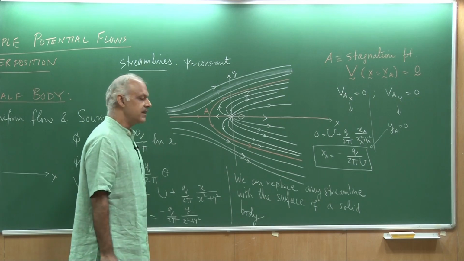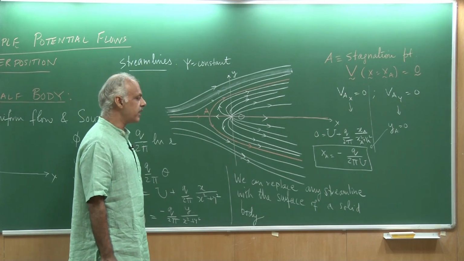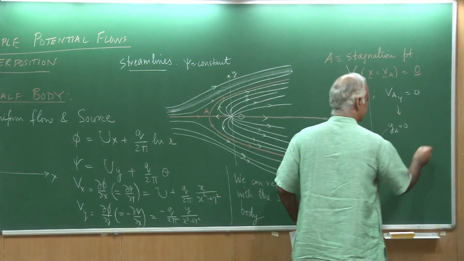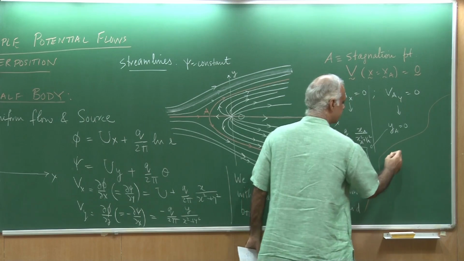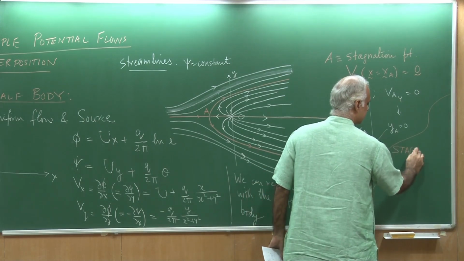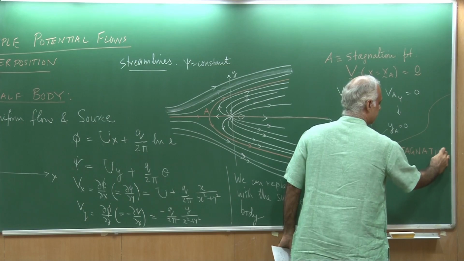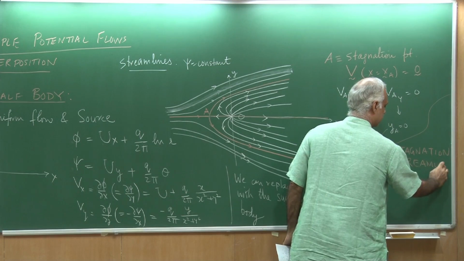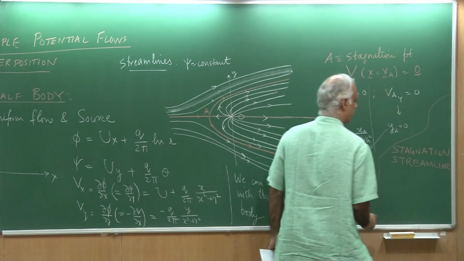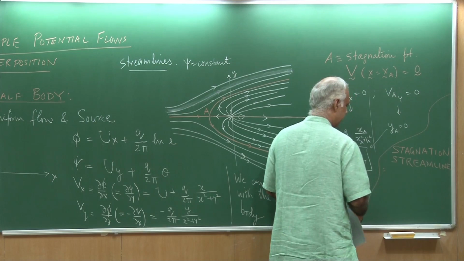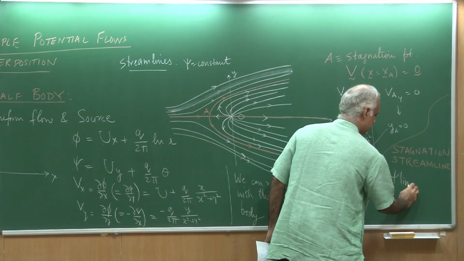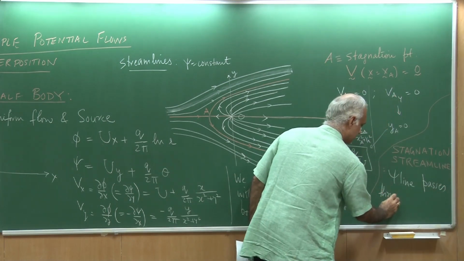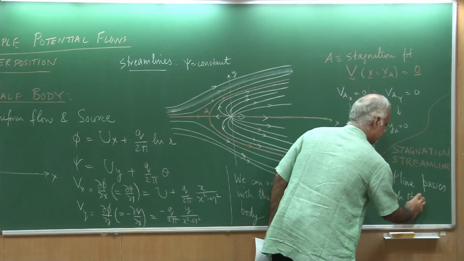A streamline that passes through the stagnation point is called the stagnation streamline. So let me write that down here. We are going to define the concept of a stagnation streamline, and that is a streamline that passes through the stagnation point.